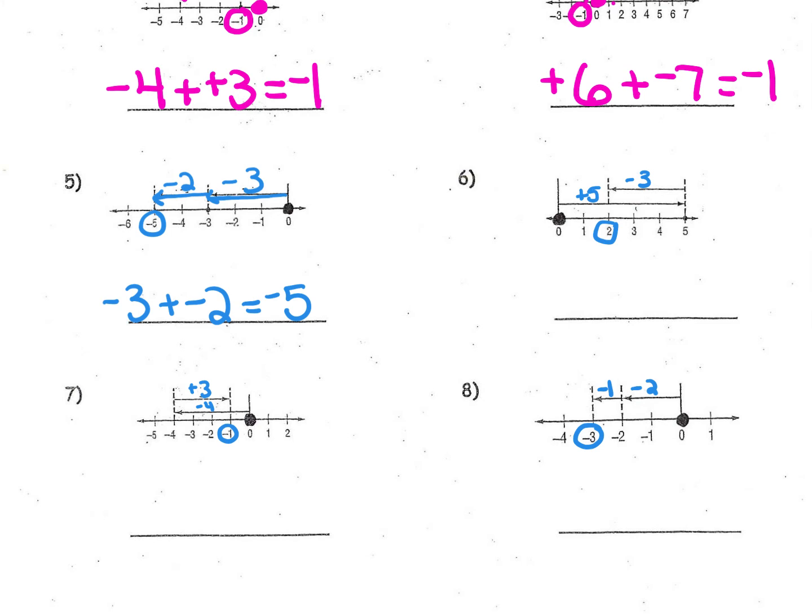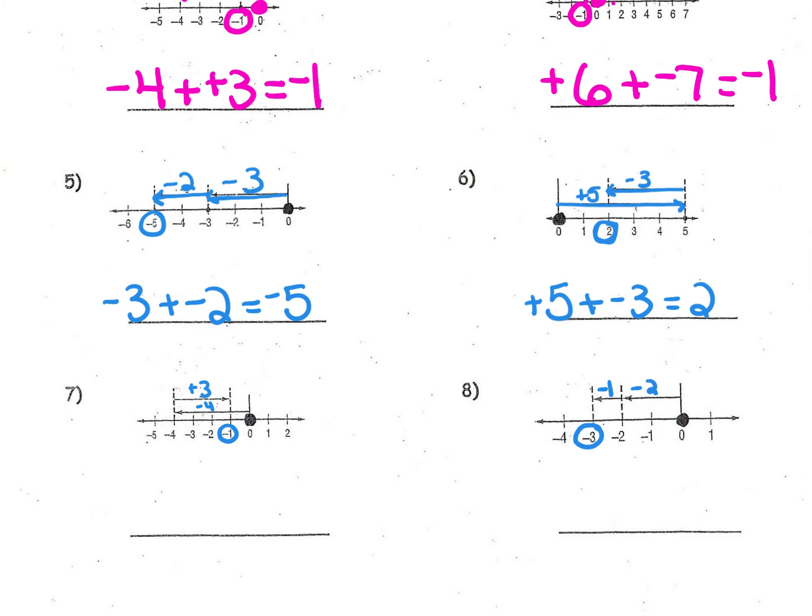For number 6, your first arrow is a gain of 5, and your second arrow is a loss of 3. Make sure your arrows are labeled, and your answer is 2. So your sentence should be positive 5 plus negative 3 equals 2.